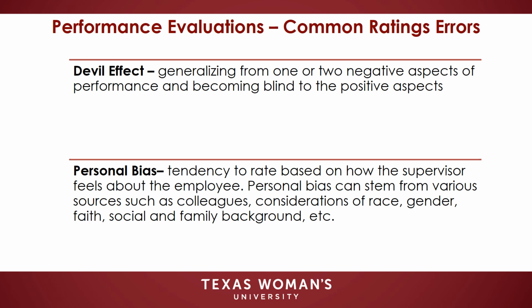Personal bias is very dangerous, and this is when a supervisor tends to rate an employee based on how that supervisor feels about that employee. Other personal biases can also come into this, such as considerations of race or gender or faith, social or family backgrounds. When those things are similar to what the supervisor experiences, then this can be the tendency for the supervisor to bias the evaluation of that employee.